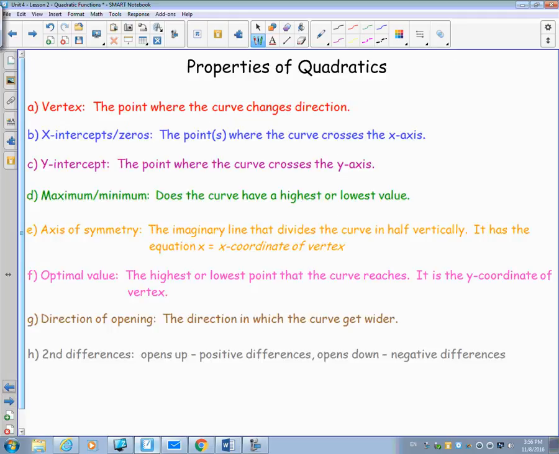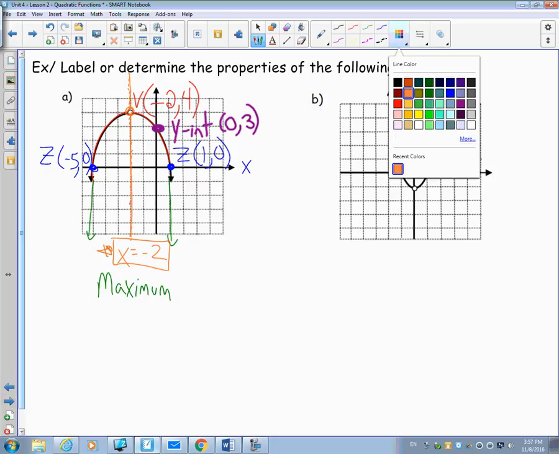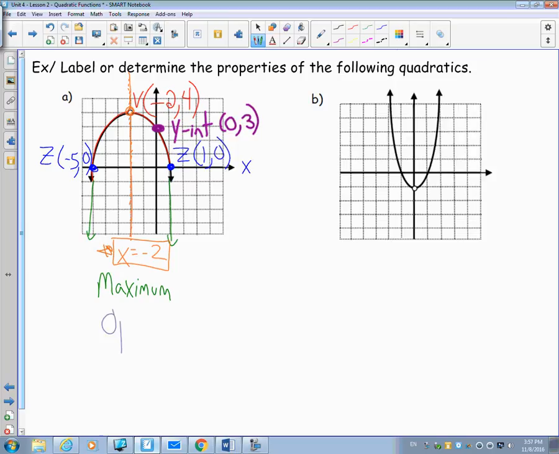Okay, letter F, the optimal value. This is the highest or lowest point that the curve reaches. It's the y-coordinate of the vertex. It kind of goes along with the word maximum or minimum. So for this graph, we just write it down this way, optimal value.